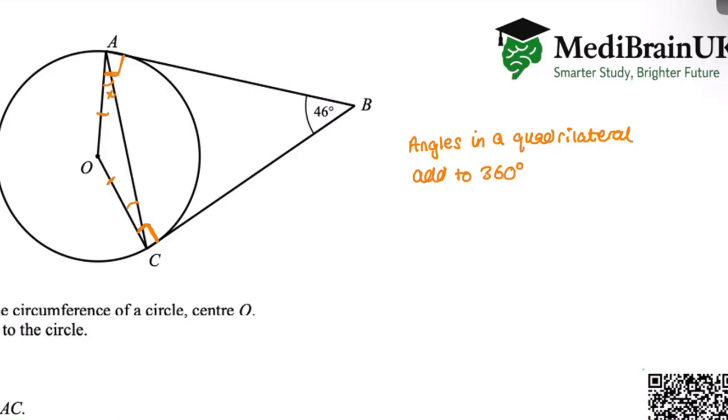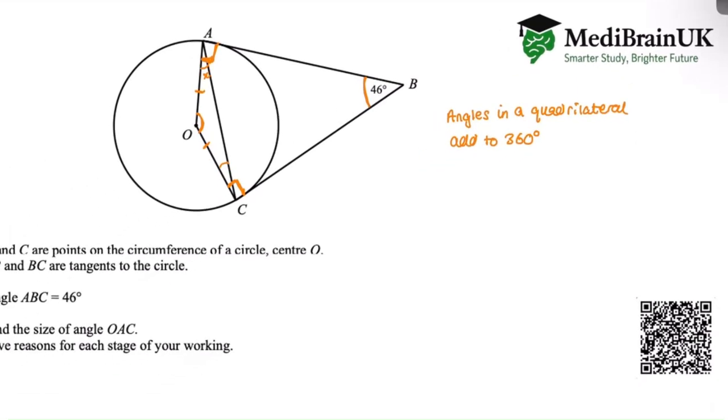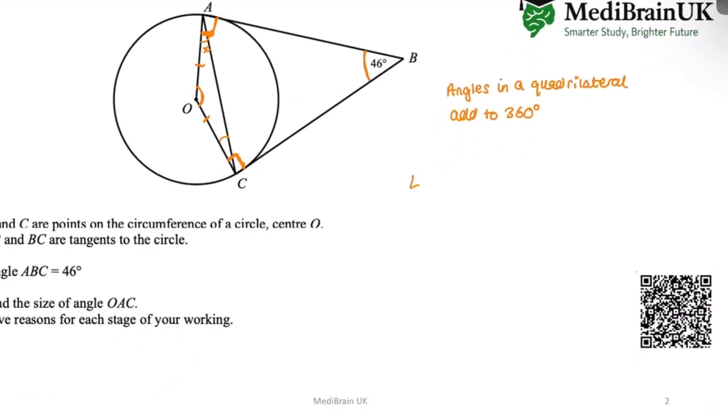Okay, so angles in a quadrilateral add up to 360 degrees. We know that this is 90, we know that this is 90, and we know that this is 46. So we need to work out what this angle is, and then we can work out the next stage of the question. So we have 46, add 90, add 90, add something, and that's going to get us 360.